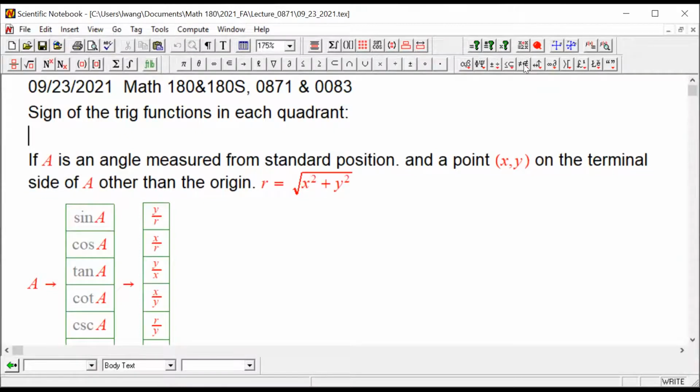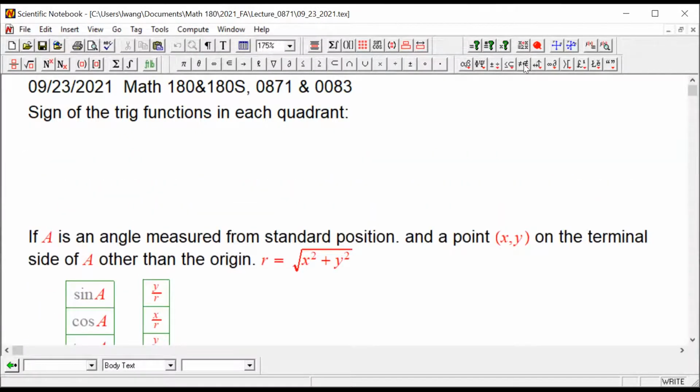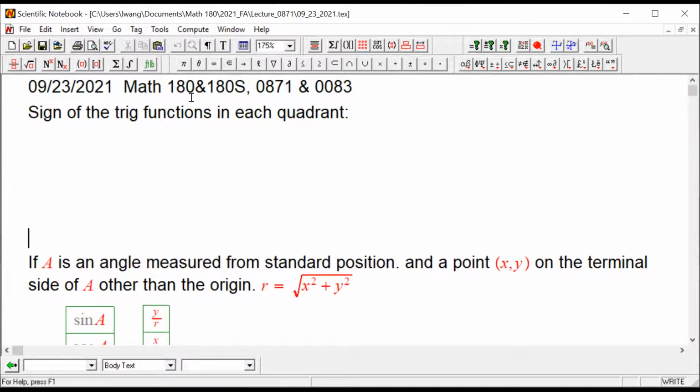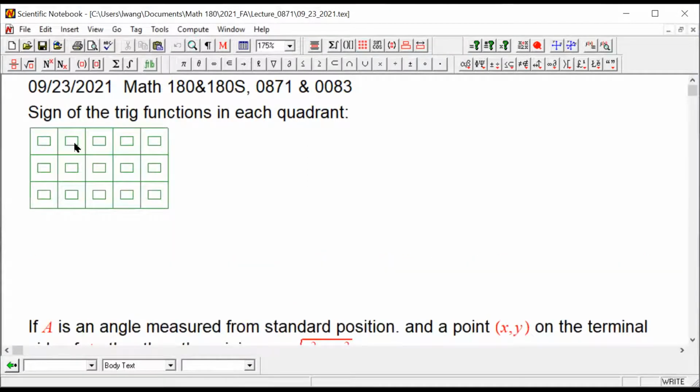So what are they? From the definition, it has already told us. To help us see that, I'm going to make a table with a couple of columns and so many rows. That should be enough, right? Looking at the definition, I'm also going to bring in a rectangular system here.